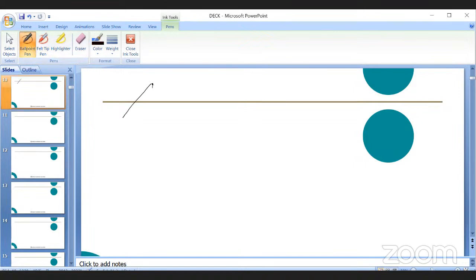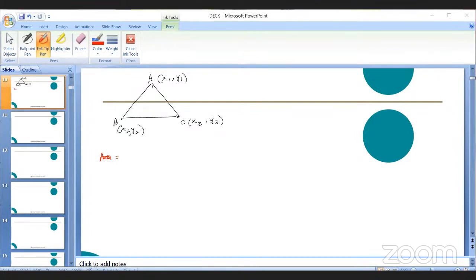Suppose there is a triangle with vertices A, B, C at x1, y1, x2, y2, and x3, y3, and you have to find the area.